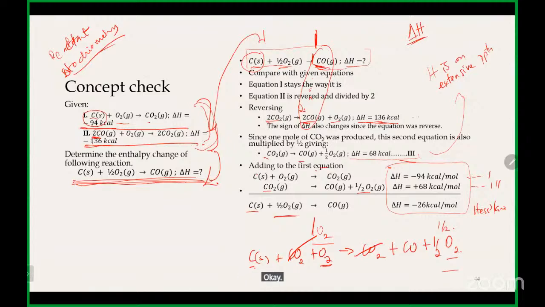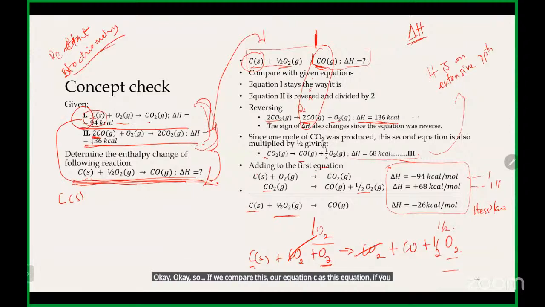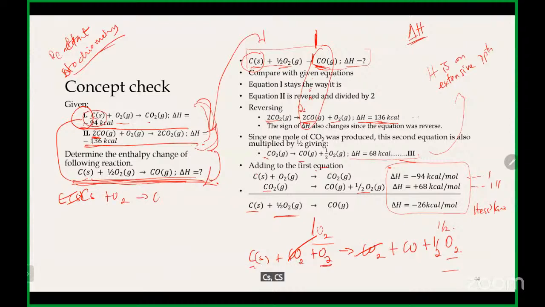Okay. So if we compare this equation, CS, with the first one, CS plus O2 to give CO2. So you have CS, carbon, oxygen gas, and oxygen gas.